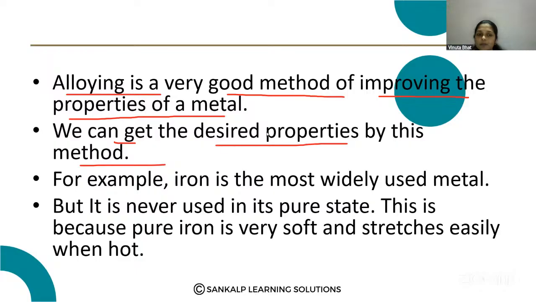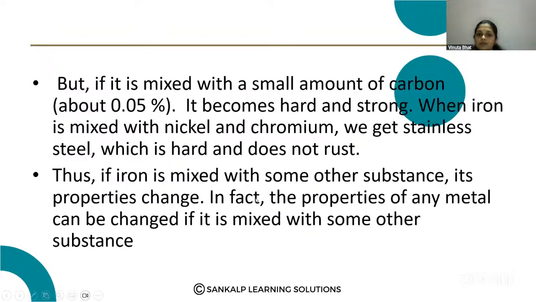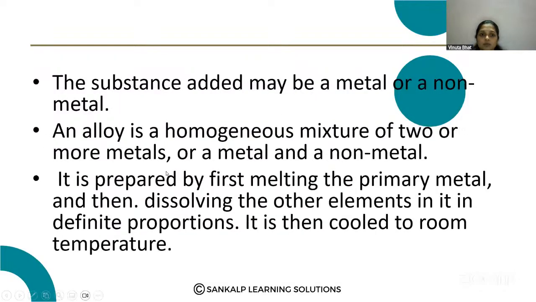Here the properties of the metals can be changed by mixing some other metals. So what is alloy or alloying? An alloy is a homogeneous mixture of two or more metals, or a metal and a non-metal.